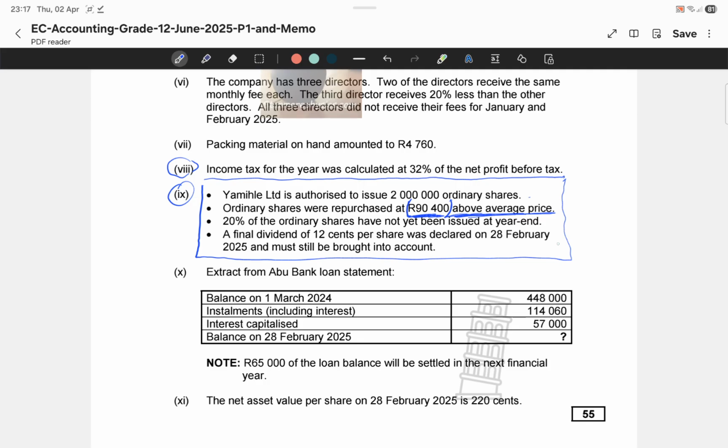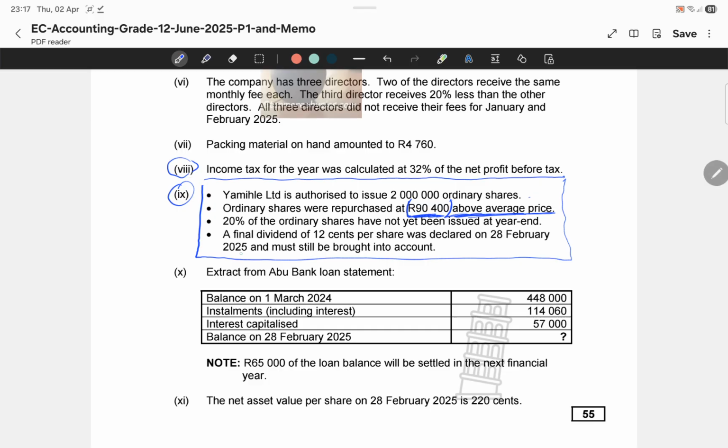Because on the cash flow statement you record the amount of the repurchase price, but on the ordinary share capital note you record the average price. Then on the retained income note you record the loss.